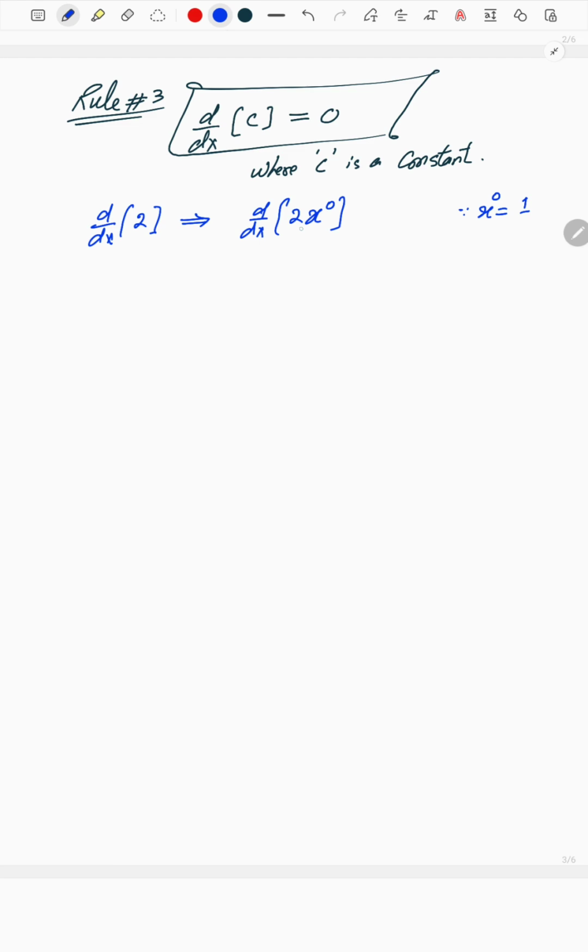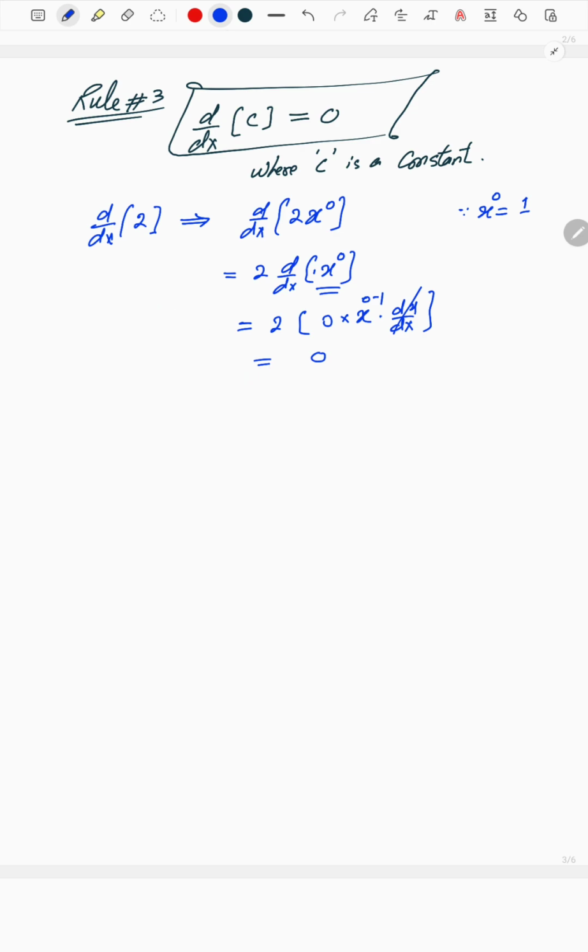So here you apply the rule: first bring the constant outside and leave the function with the power. Now apply the power rule: multiply the power with the coefficient of the function and always make one less from it, 0 minus 1, and differentiate the function. Whenever 0 is multiplied with any term, it makes it 0. So finally you will get 0.